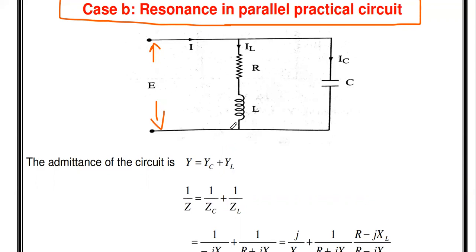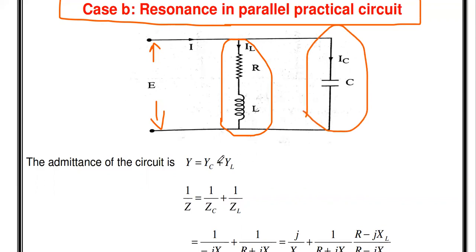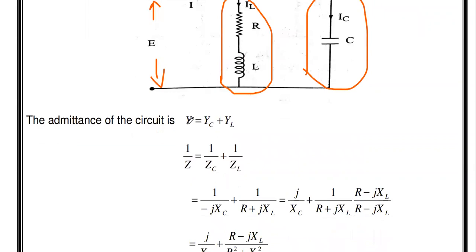YL is the admittance of the inductor branch, and YC is the admittance of the capacitor branch. We may write Y as 1 by Z, which is equal to the admittance of the capacitor branch, 1 divided by ZC, plus YL, which can be written as 1 divided by ZL.